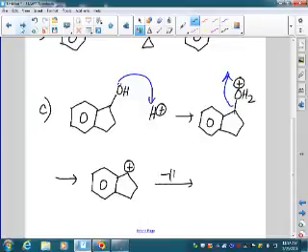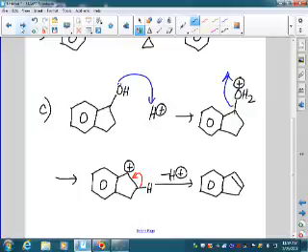And then minus H plus, that comes from this hydrogen over here, donating its electrons to the carbocation, and we form a double bond to that other carbon.